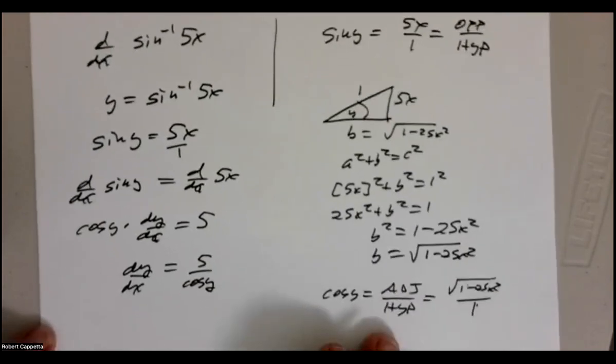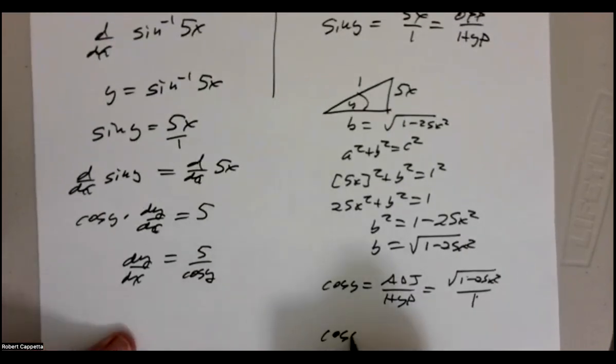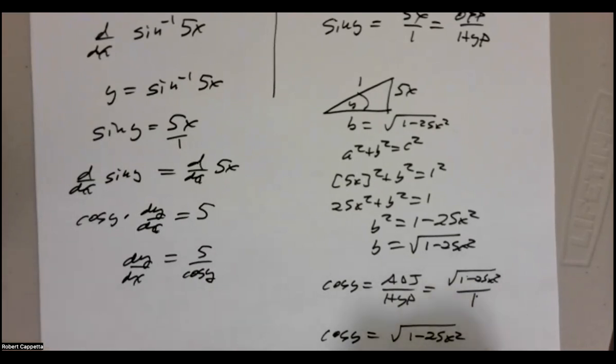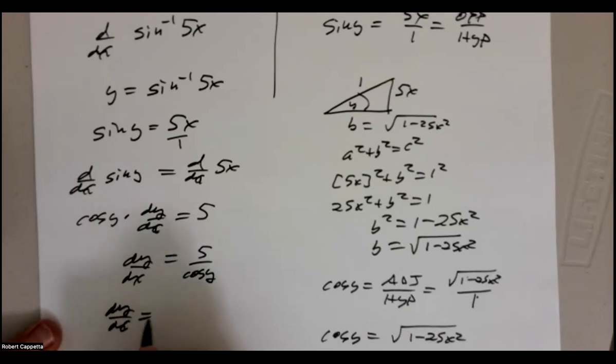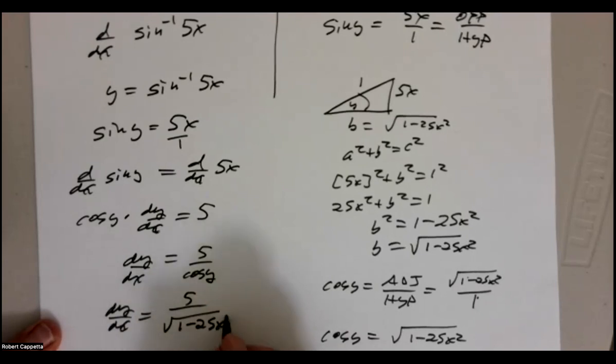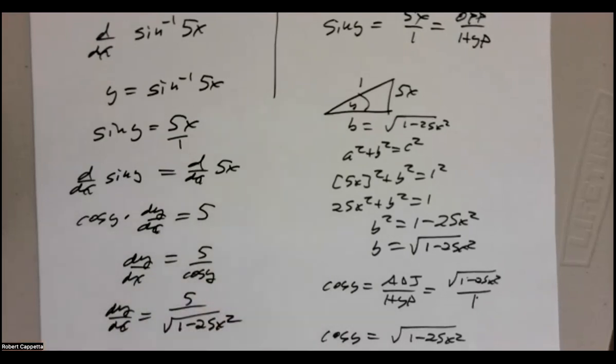So cosine of y is root 1 minus 25x squared. So here we go. We have dy dx is 5 over root 1 minus 25x squared. And that is my inverse sine of 5x derivative.